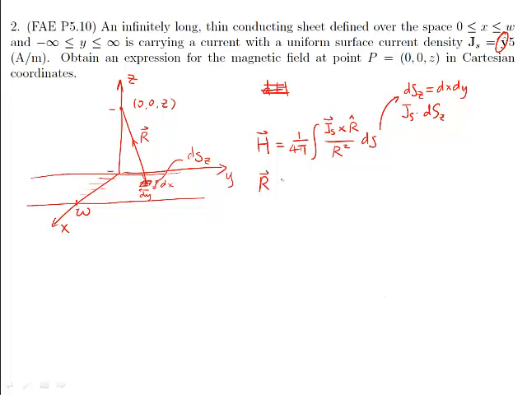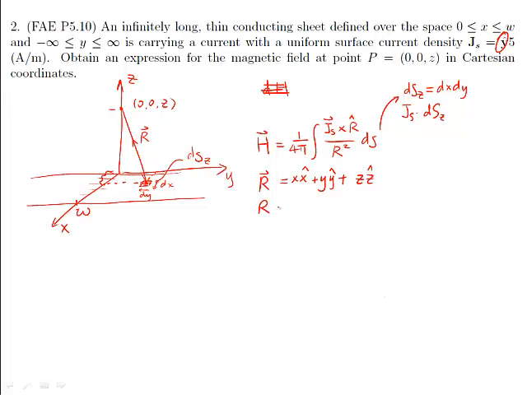So the z component would be z z hat. Now if we project it to the x-axis, it would be projected this way. Then this is simply the x coordinate for the current element. So that would be x x hat. And similarly, if we project it to the y-axis, it would be y y hat. So that gives us the vector expression for the r vector.